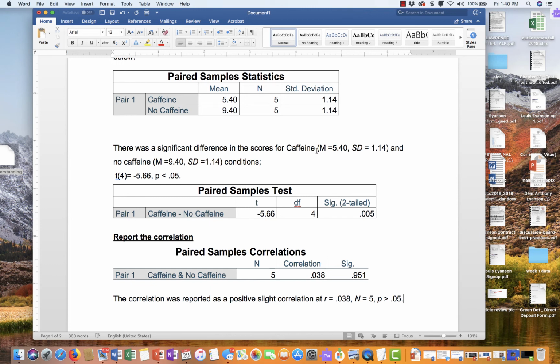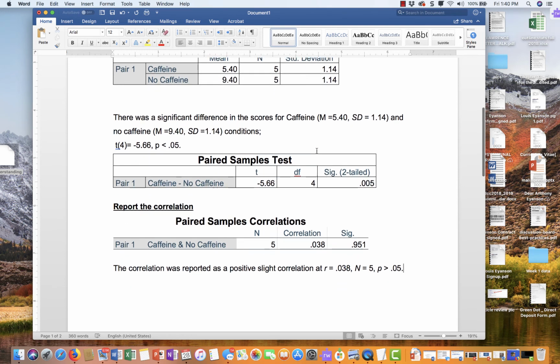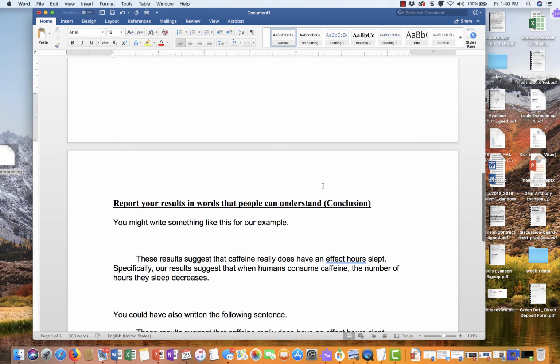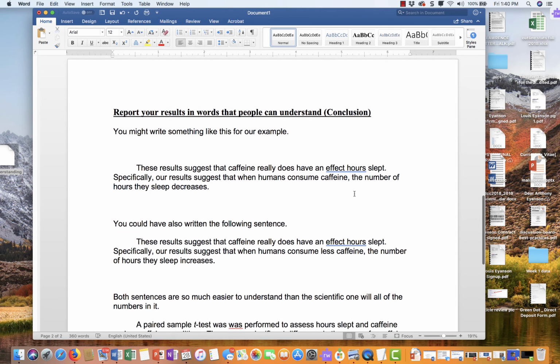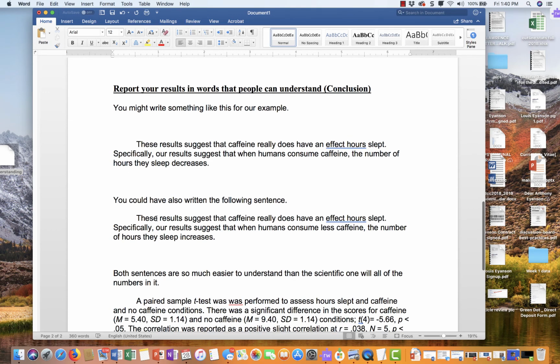So I've already kind of said it, but bottom line is those folks, those participants who did not drink caffeine slept more hours than the participants who consumed caffeine. And then of course I wrote it down here, much better. Okay. The results suggest that caffeine really does have an effect on hours slept. Specifically, our results suggest that when humans consume caffeine, the number of hours they sleep decreases. Okay, I wrote a second one here.